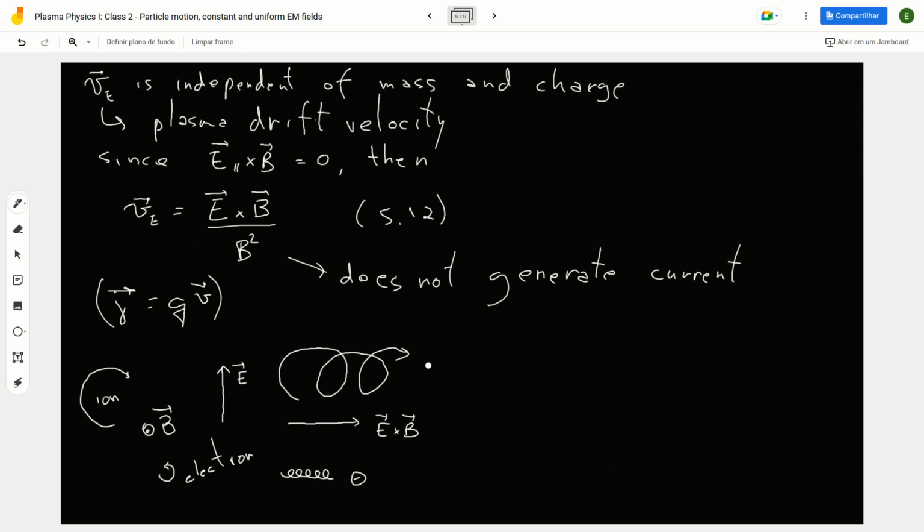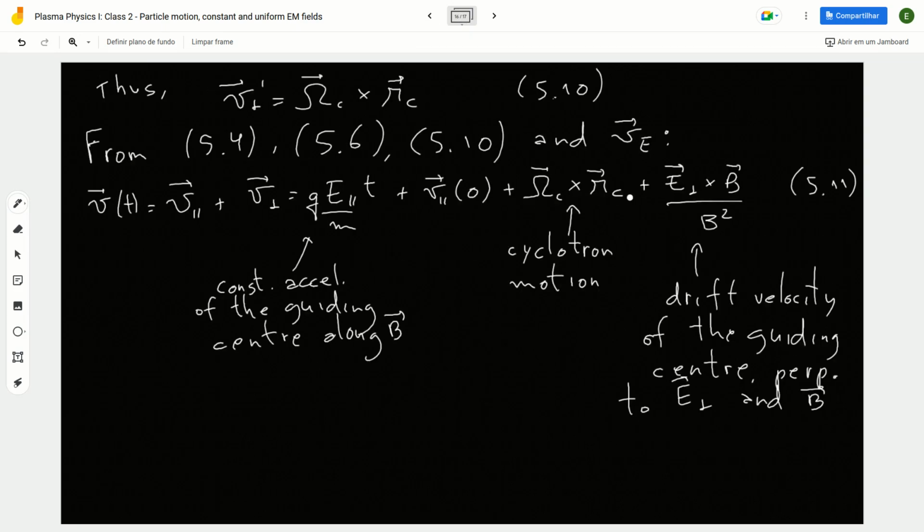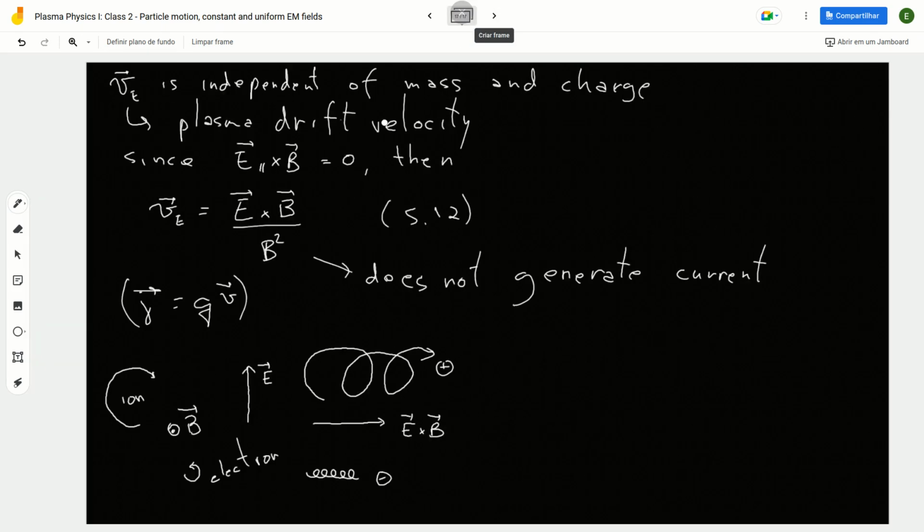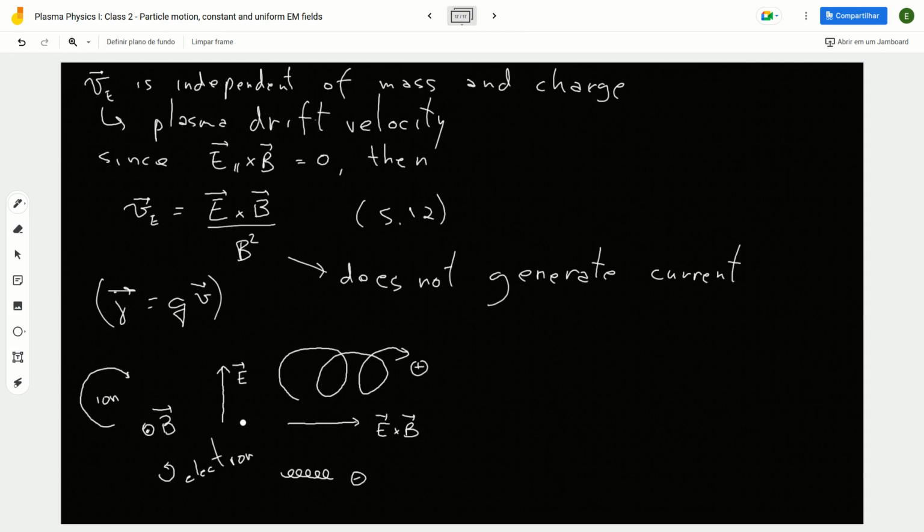This is for negative charge, and for positive charge. Of course, this is just part of the motion. This is this plus this. We still have to add an acceleration in the direction parallel to B, so we would have a motion in the direction outward from the blackboard. It's difficult to draw this here, but I think you got the basic idea.